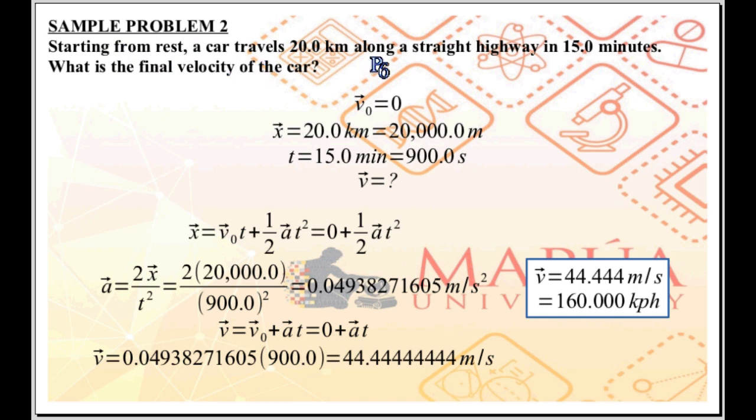The car travels along a straight highway, travels 20 kilometers. The displacement x, therefore, is equal to 20 kilometers. Convert to meters. And the elapsed time is 15 minutes. Convert to seconds. And we are being asked to determine the final velocity v.